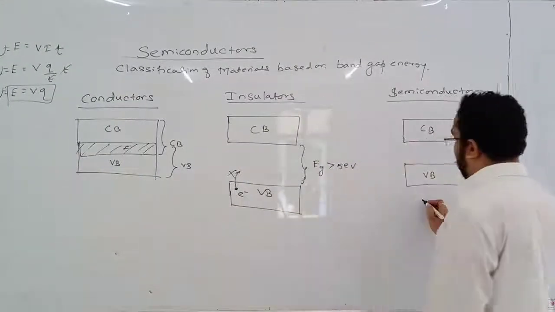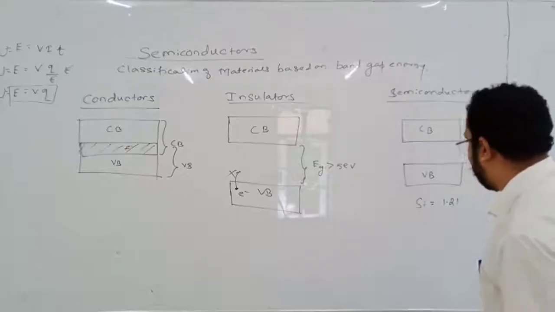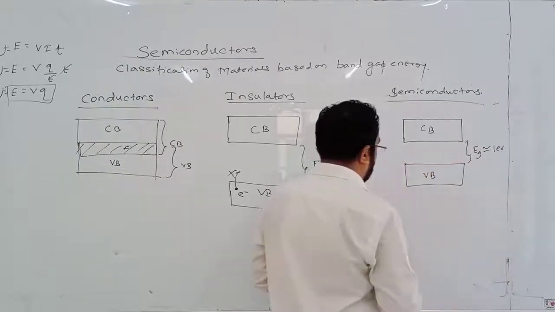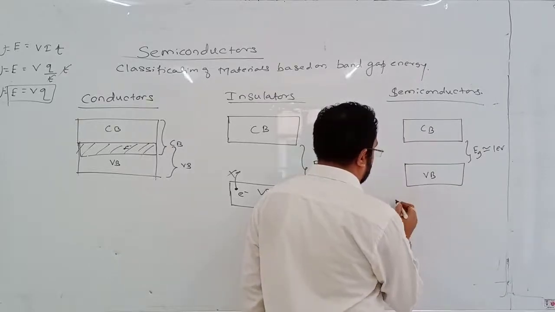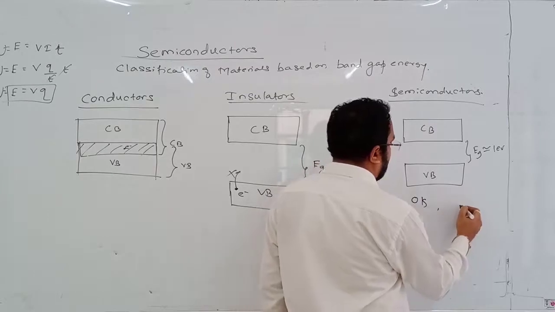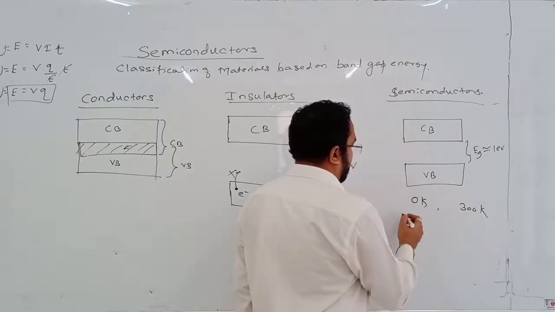Make a note: for silicon it is 1.21. I will give you the exact figures, at 0 Kelvin and at 300 Kelvin.